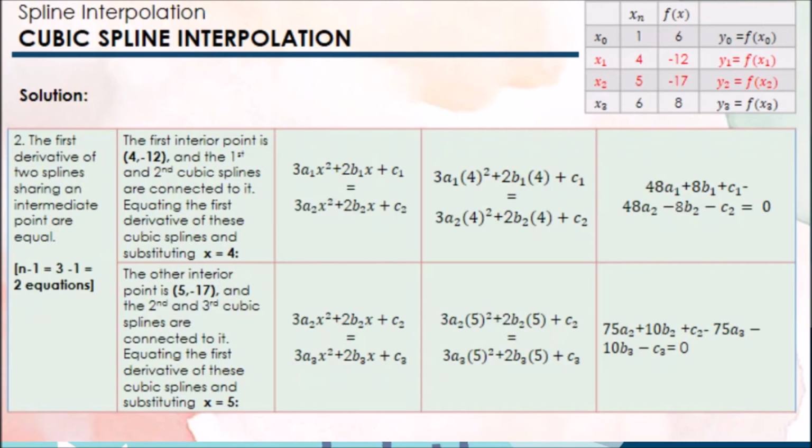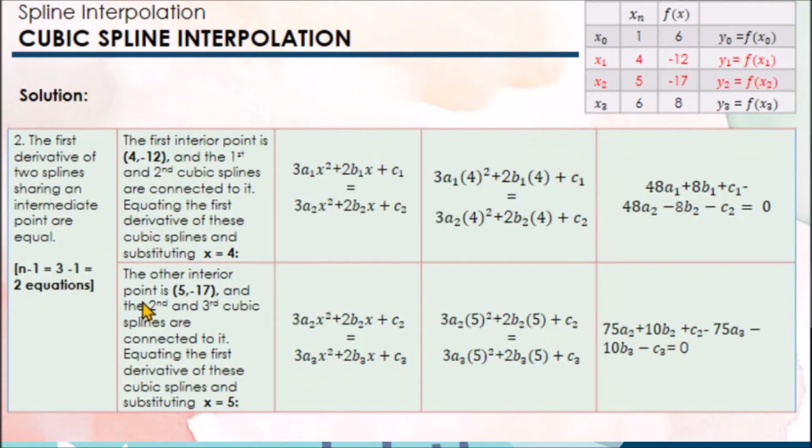And then, simplifying this one, we have 48a sub 1 plus 8b sub 1 plus c sub 1 minus 48a sub 2 minus 8b sub 2 minus c sub 2, which is equal to 0. We just equate it to 0.